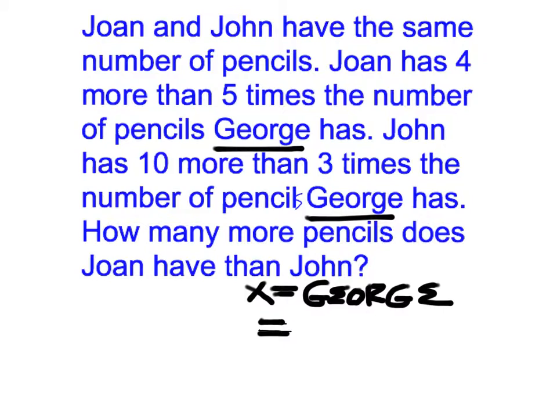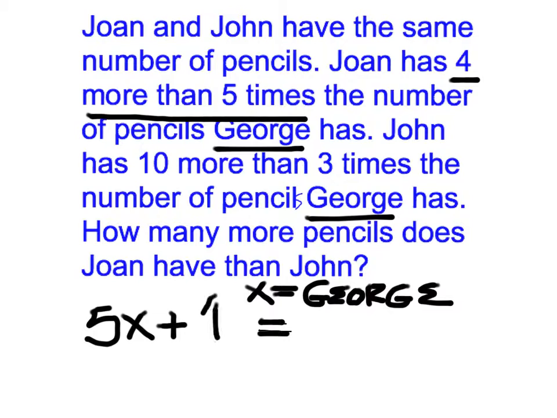John and Joan have the same number of pencils, though. Joan has 4 more than 5 times the number of pencils George has. How can I represent 4 more than 5 times George? 5x plus 4 is right.